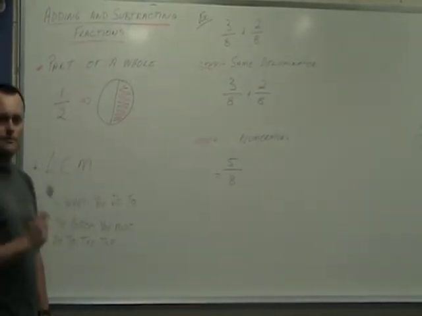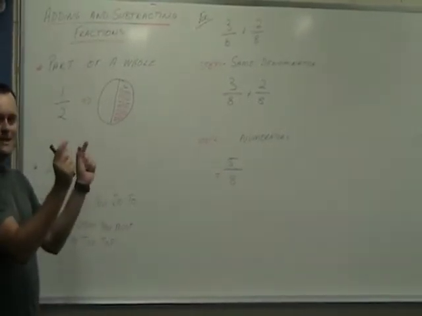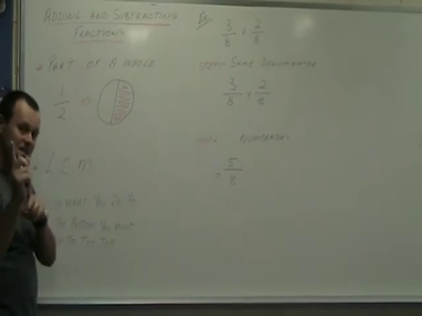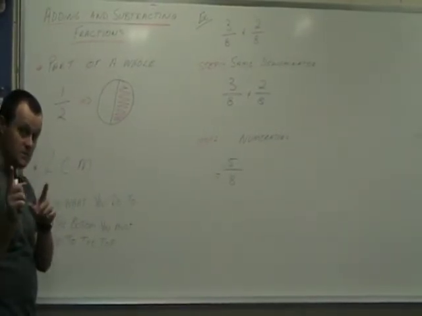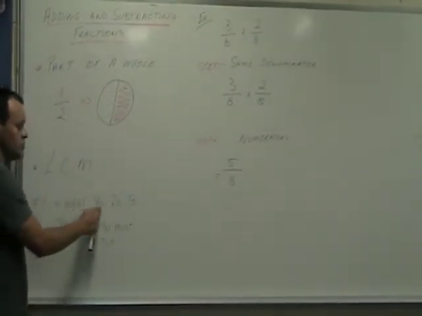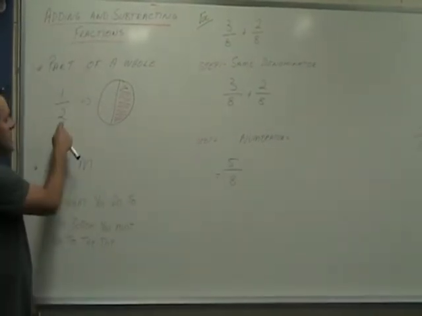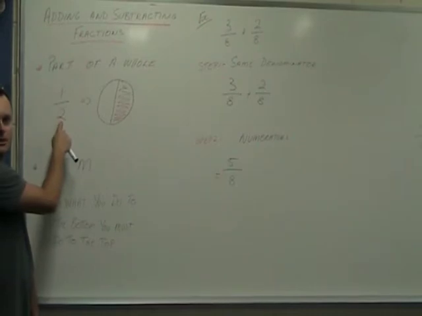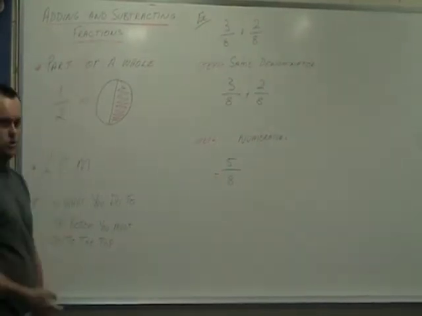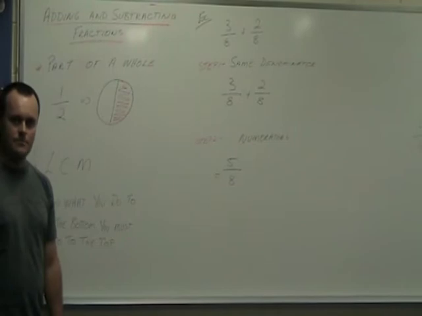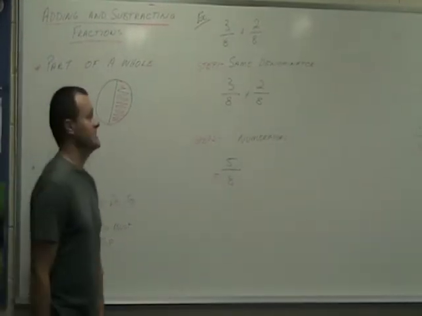And then there's the number one rule with fractions, the one you have to remember: what you do to the bottom, you must do to the top. So if you change anything in the denominator, you must do the same thing up to the top. Let's have a look at a couple of examples.